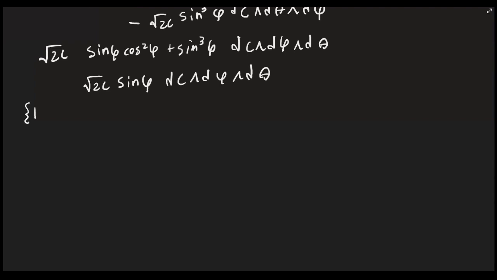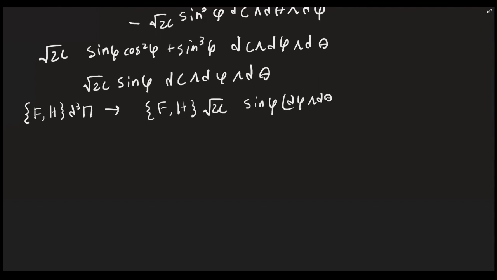So f h d3p goes to f h. There's going to be a 2c, and we're only going to have this last thing here. It's going to be sine phi wedge d theta.